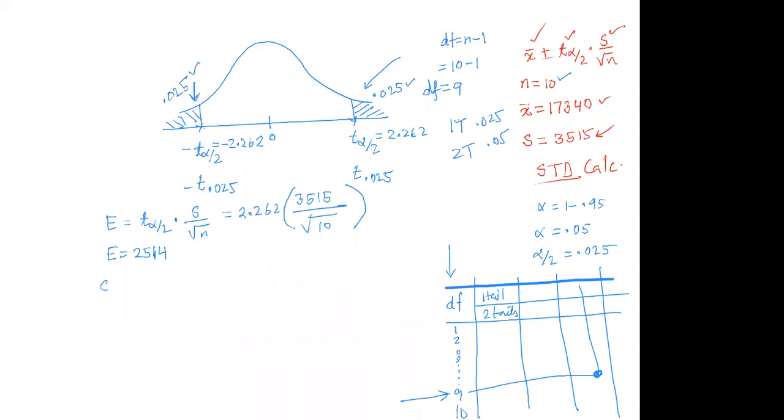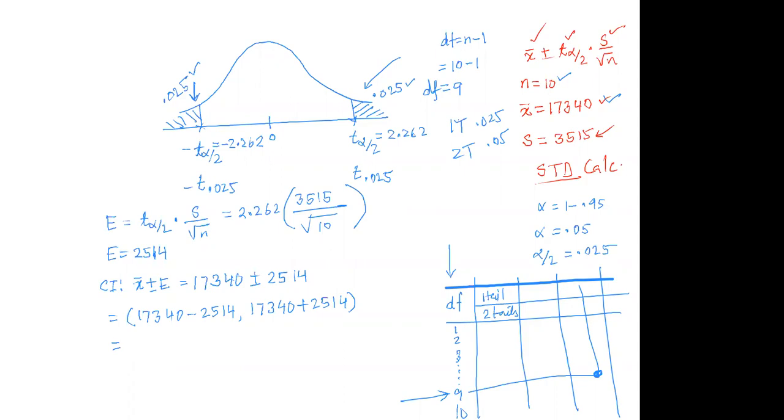Now your confidence interval is going to be X bar plus or minus the margin of error. X bar is 17,340, plus or minus the margin of error 2514. So it is going to be 17,340 minus 2514, comma, 17,340 plus 2514.